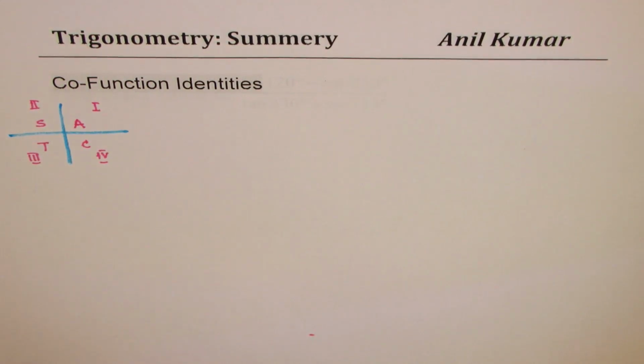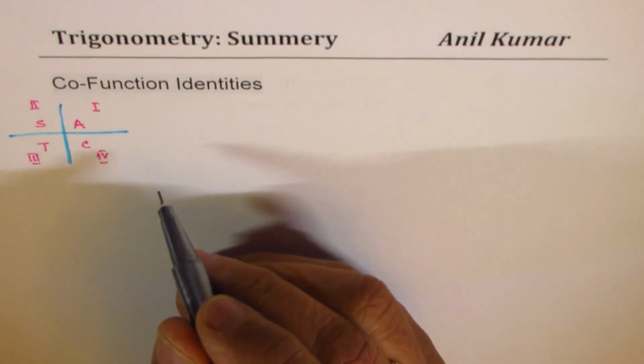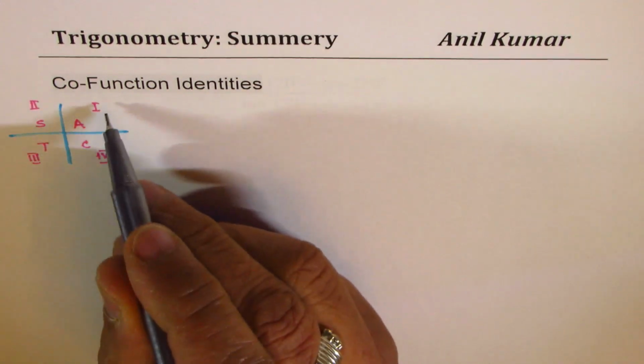So this is what we have learned so far in the previous part. We also saw why. Now in cofunction identities, we are trying to relate sine with cosine, cos with sine, and so on. Now again, we'll consider the triangle in quadrant 1.